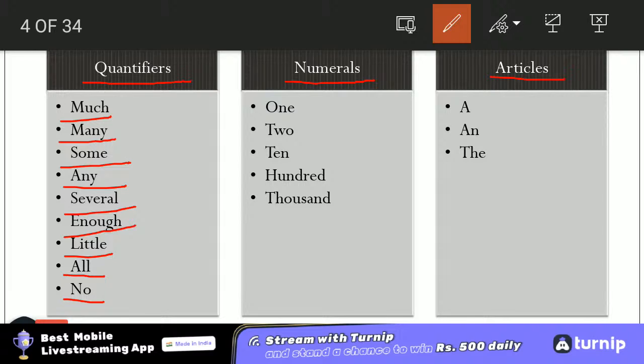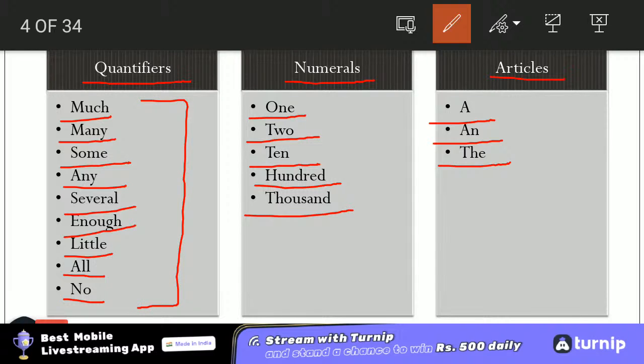Then numerals: 1, 2, 10, 100, 1000, जो numbers बताते हैं. And the last is articles: a, an, the. You all know about articles. So these all come under the category of determiners. We will be discussing broadly about quantifiers and distributive determiners today.